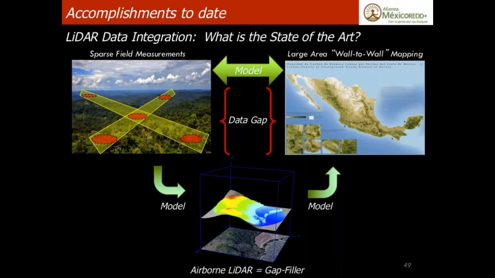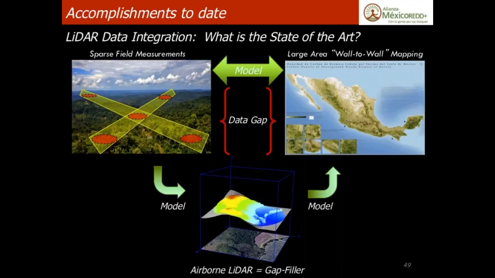So, what Ali's going to do is talk to you about how we now take the biomass estimates from the LiDAR transects and use those in a different model as calibration data, generating another model that predicts in all those other unsampled locations, in all the places where the LiDAR didn't fly.